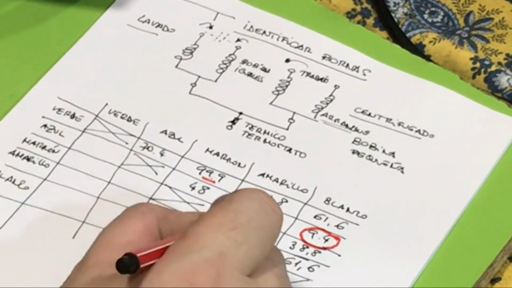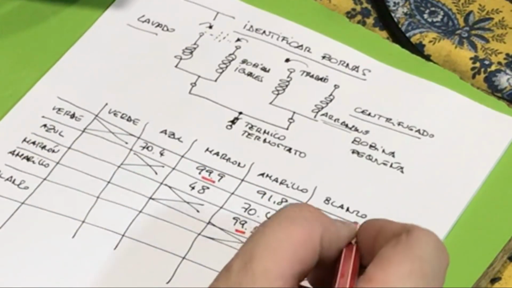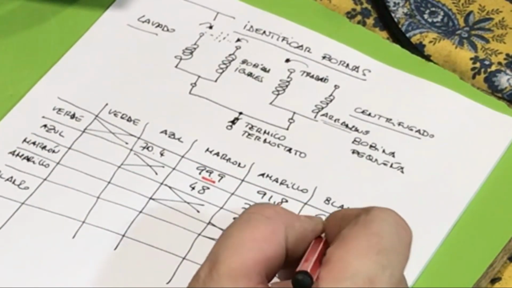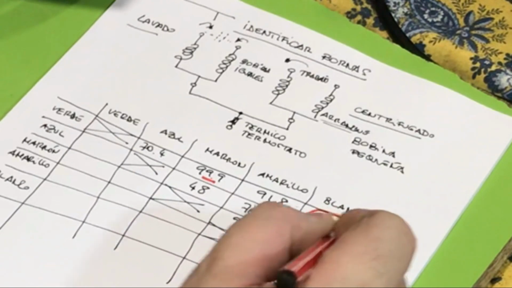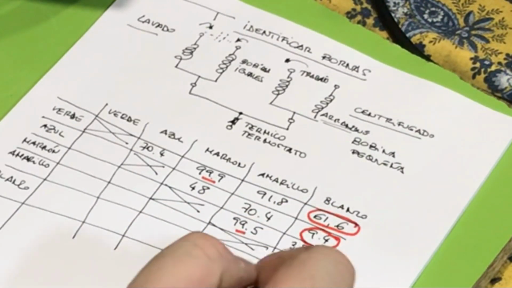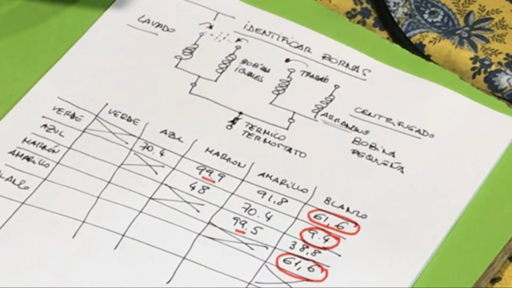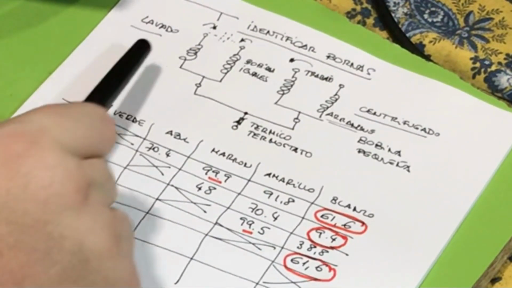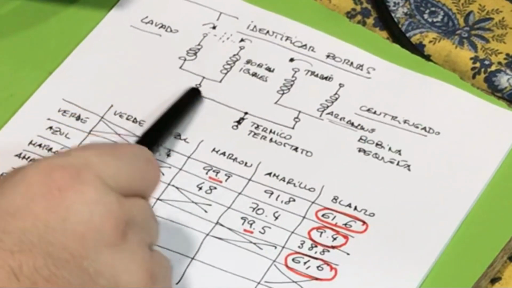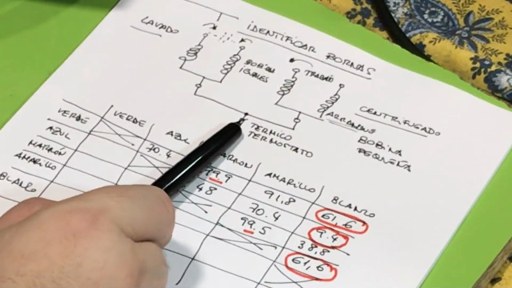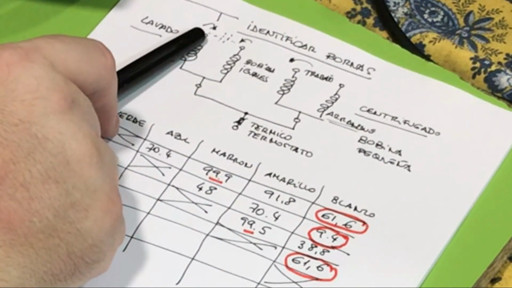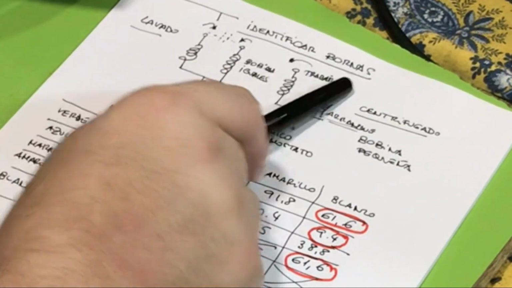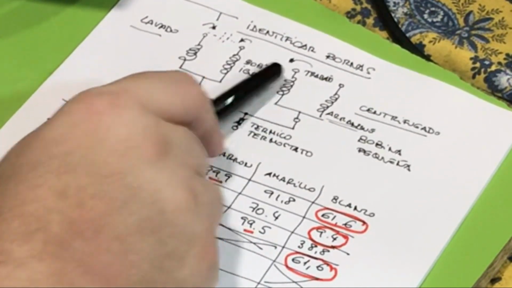We see that there are a lot of similar values, but we will select the lowest pair of values. In this case, as we can see, it is the exact value of the windings for washing.